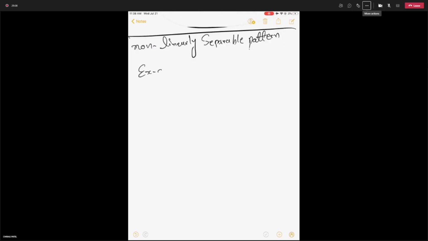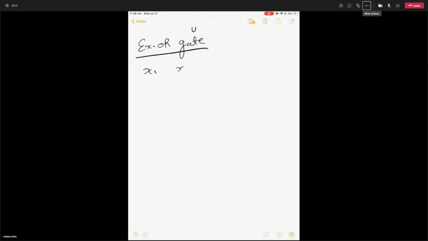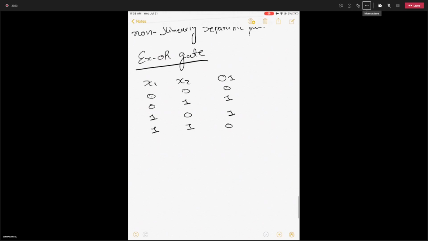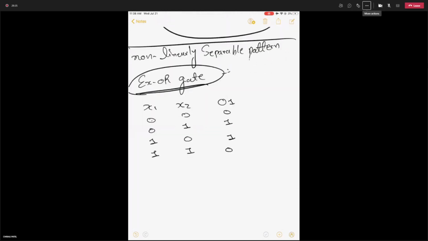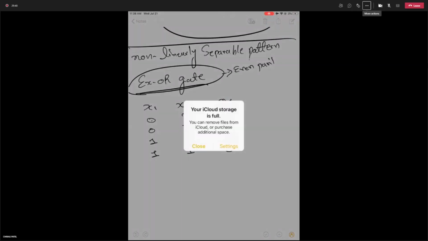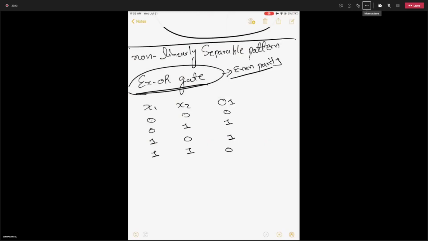We take the example of the XOR gate. I think you know what we mean by the XOR gate. We can even say that the XOR gate is an even parity gate, because indirectly it generates even parity.